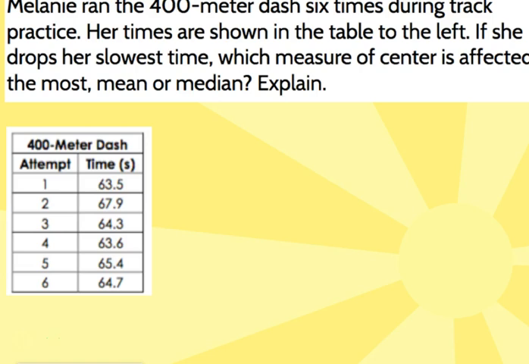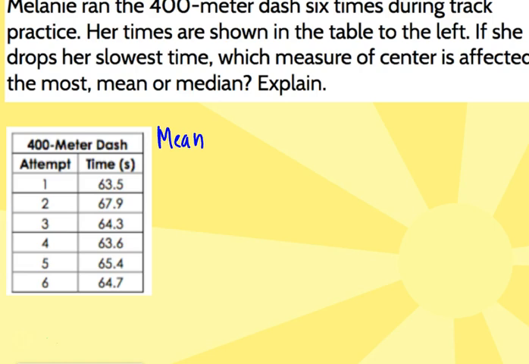Okay, our next one says Melanie ran the 400-meter dash 6 times during track practice. Her times are shown in the table to the left. If she drops her slowest time, which measure of the center is affected the most? Mean, median. Explain. So first we have to figure out what is her mean and median before we even take out her slowest time. So let's first quick find her mean of this data set.